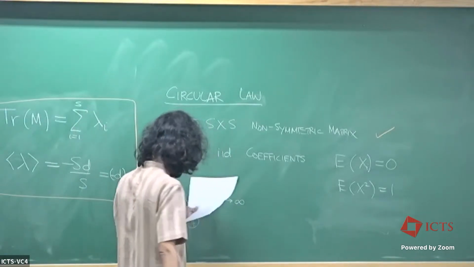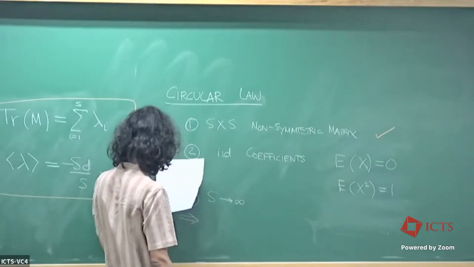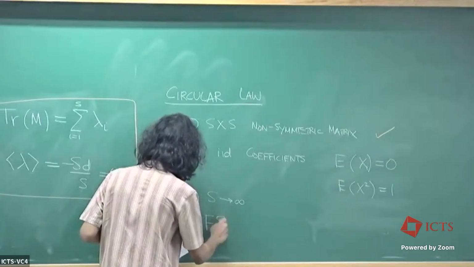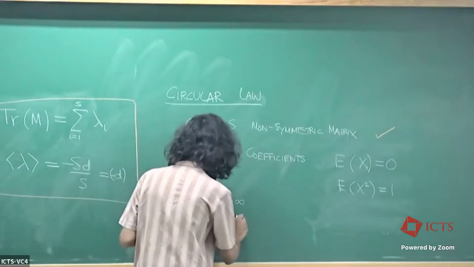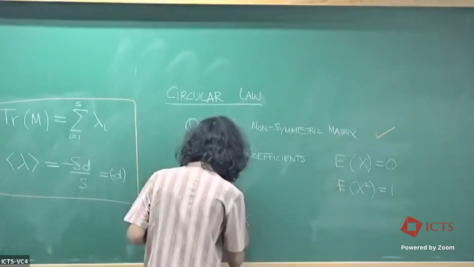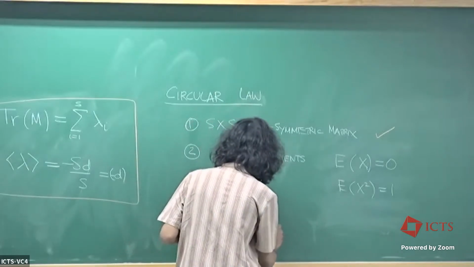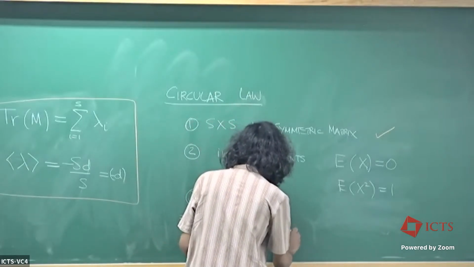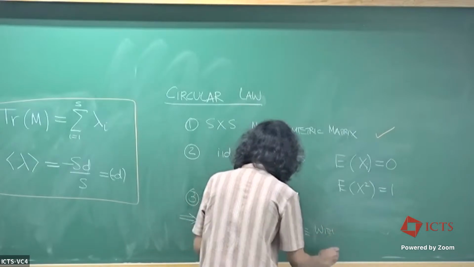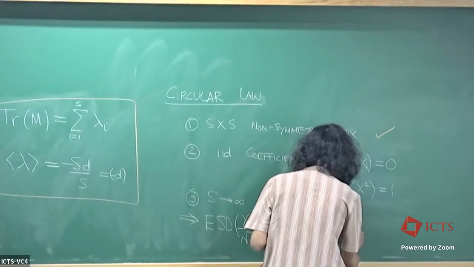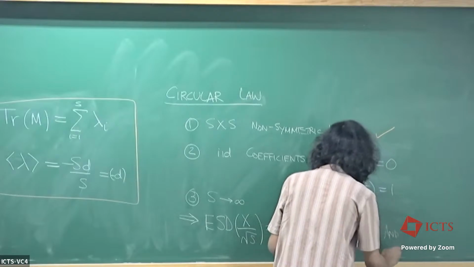Then it says the following. If these conditions are satisfied, then the eigenspectrum distribution, the ESD, of X by root S is a circle with a center at 0 and radius 1.